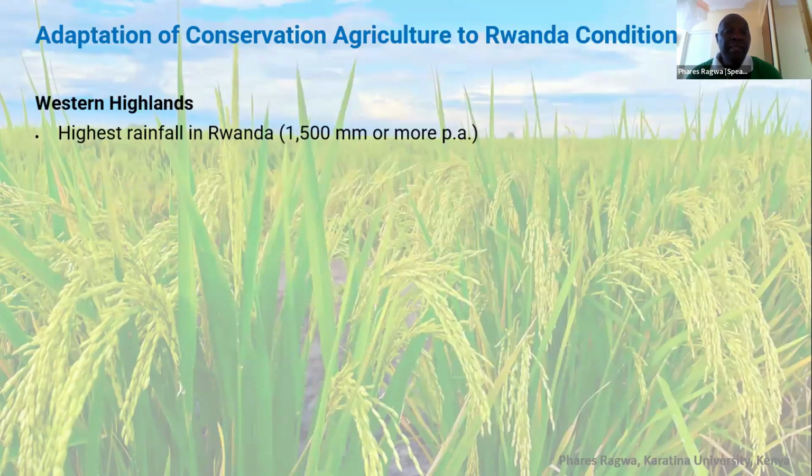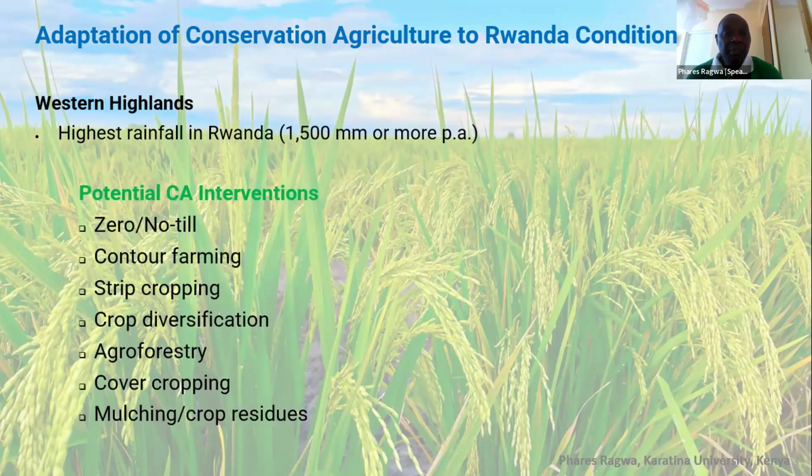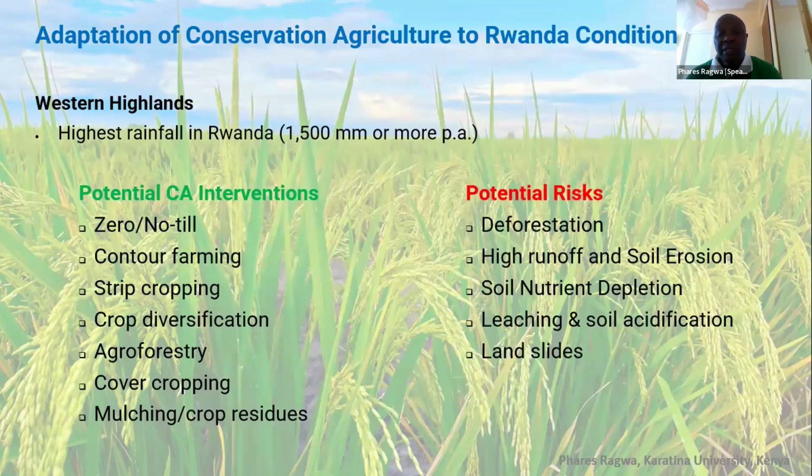So very quickly, the western side, high rainfall, like I said. What are the potential risks? Deforestation, because people are converting land into agricultural land. Then the risk of runoff, the risk of soil erosion, the risk of nutrient loss, etc., including landslides.